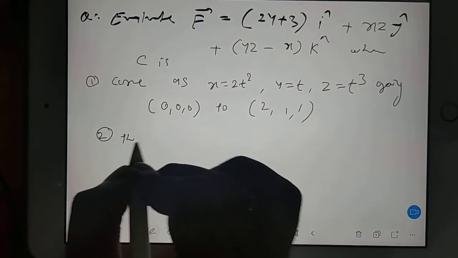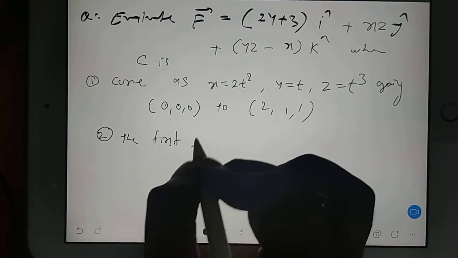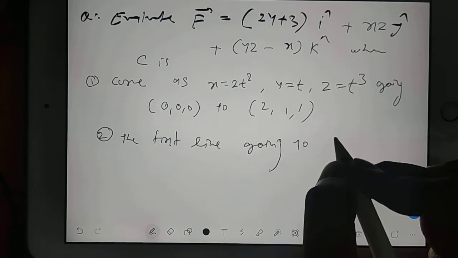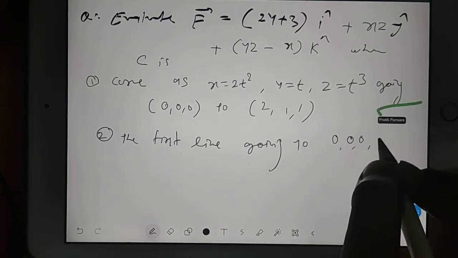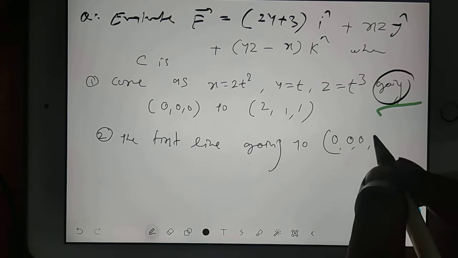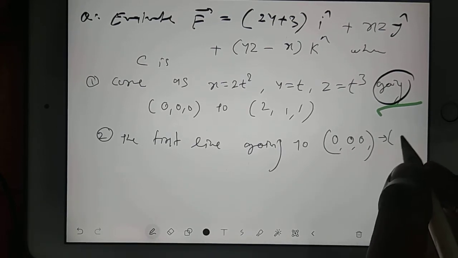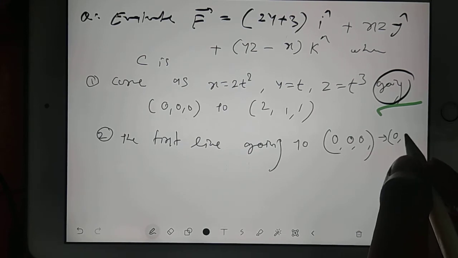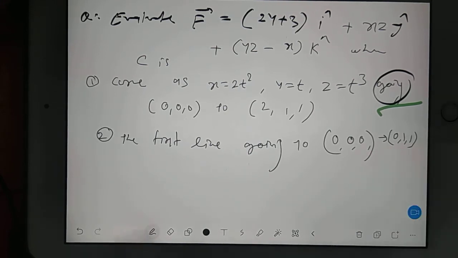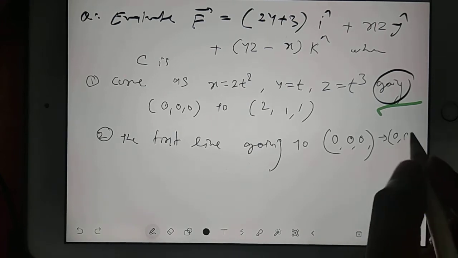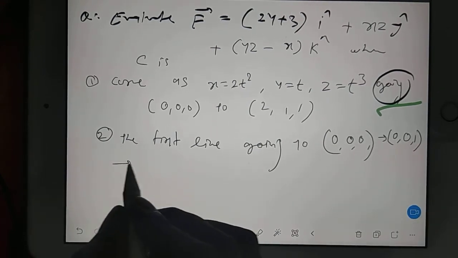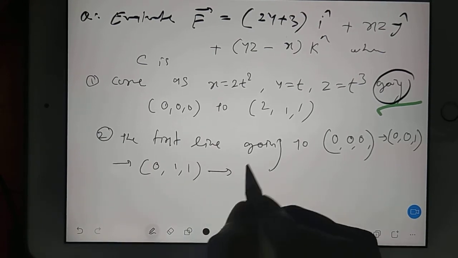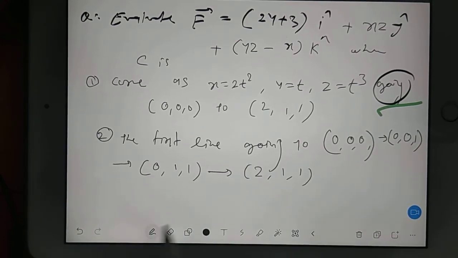Second, the straight line path going from 0 0 0 to 0 0 1, then going to 0 1 1, then going to 2 1 1.